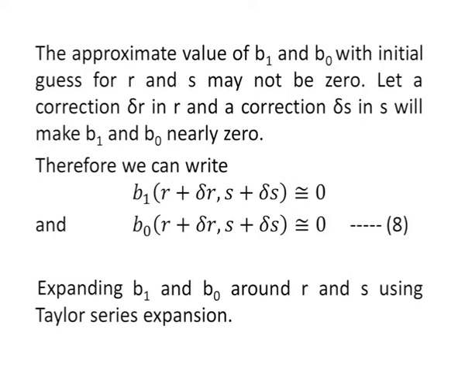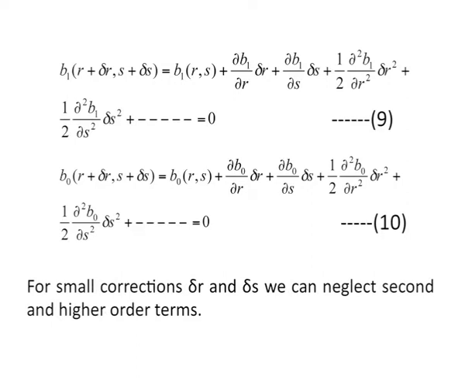So, we can use Taylor series expansion for equation 8 to find approximate values of the correction terms. You can see the expansion of b 1 and b 0, which are functions of r and s, in equations 9 and 10. Again we say that if the correction terms delta r and delta s are small, the powers of delta r and delta s of 2 and higher are neglected.